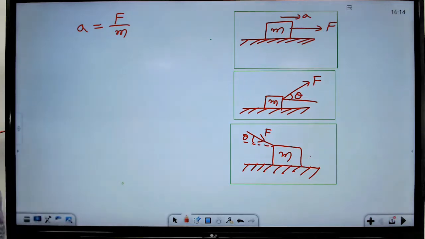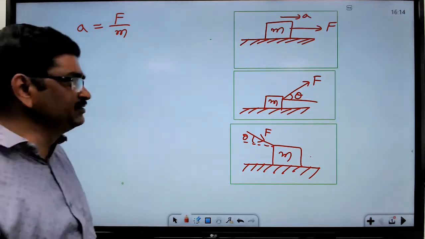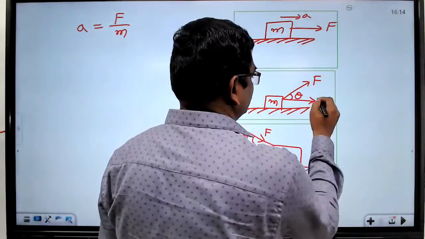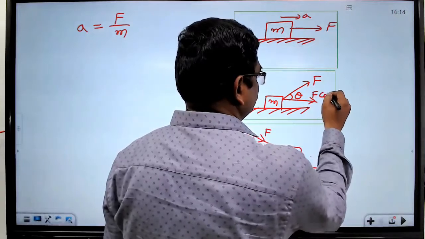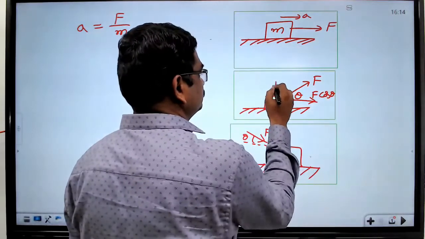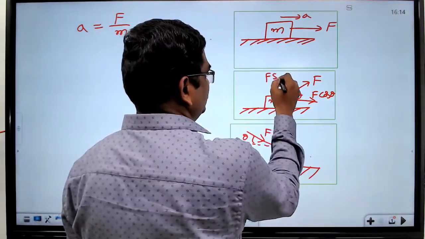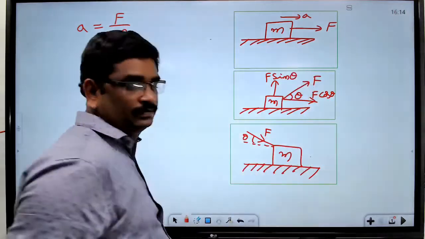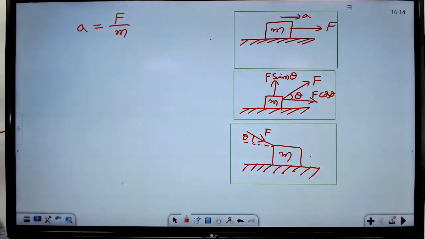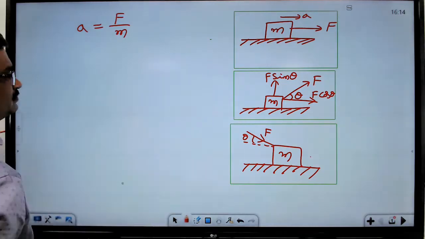Next, in this case, we need to resolve the force into its components. This is F cos theta. Next, this one F sin theta. Horizontal component is F cos theta. Vertical component is F sin theta. Now, what about acceleration for this one?